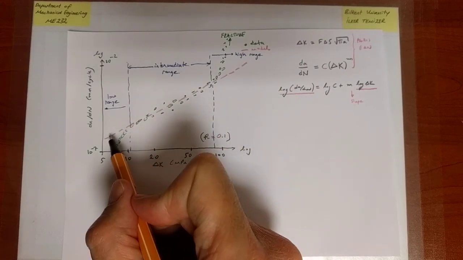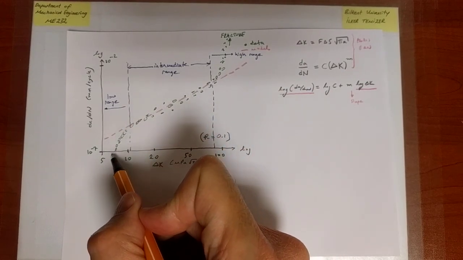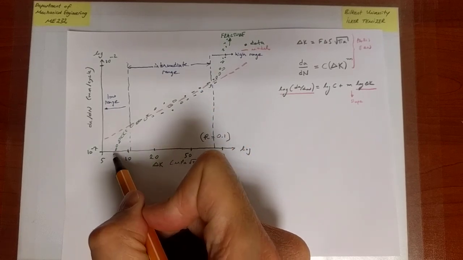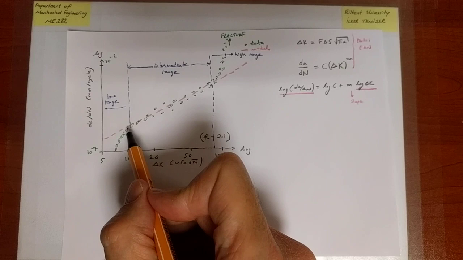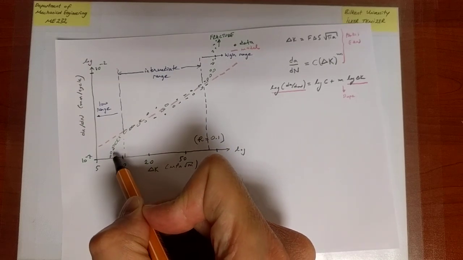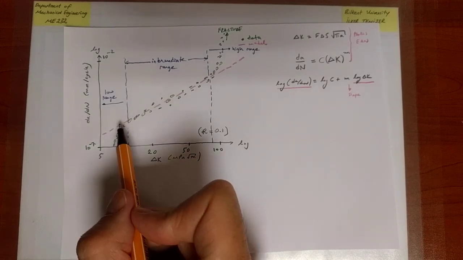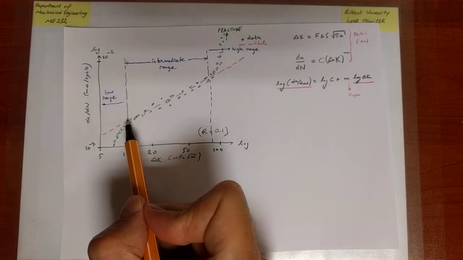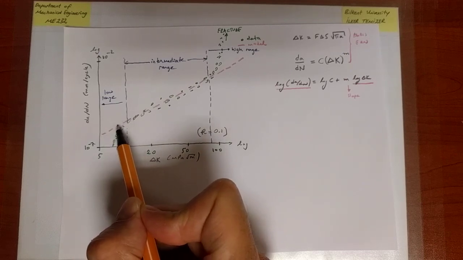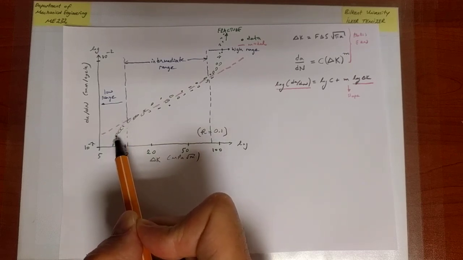But the red line in this case will lie above the green line. So in reality, if you want to do a very good prediction, you have to have a model that is able to fit this region of the plot very well as well. But if you use the red line, what the red line predicts is always a crack growth rate that is higher than the crack growth rate of real experimental data.